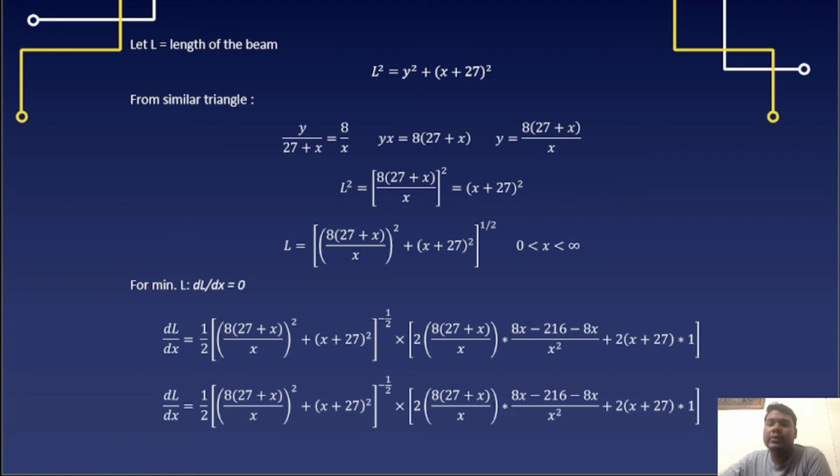Then the answer will be dL over dx equals 2 times (216 plus x) over x times (negative 216 over x squared) plus (x plus 27) over 2 times the bracket of 8(27 plus x) over x, all to the power of 2, plus (x plus 27) to the power of 2, all to the power of 1 over 2. Okay, I'll let Alia continue on the problem solution. Thank you.